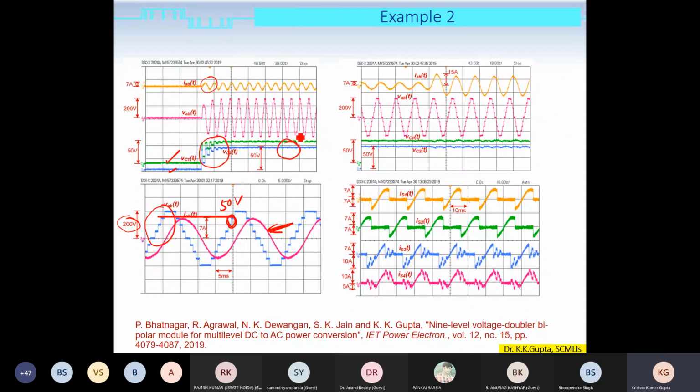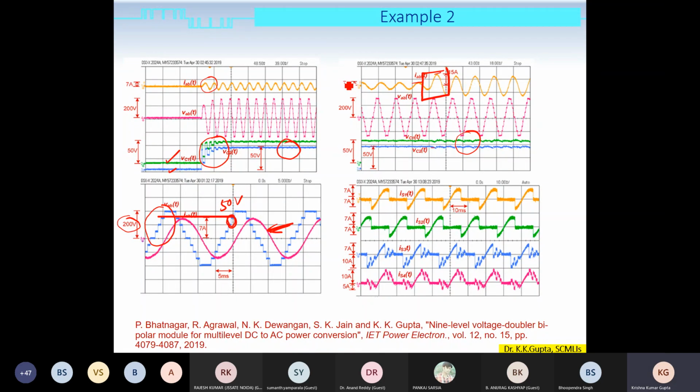These voltages are maintained even if you carry out a sudden change in the load current itself. Here there is a sudden change, where the current is increased by almost twice. So 7 amperes peak value is here 15 amperes. What we see is that the voltages are fairly maintained, although the voltage ripples have increased, which is expected, right?